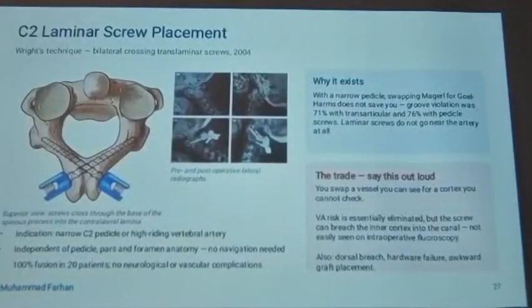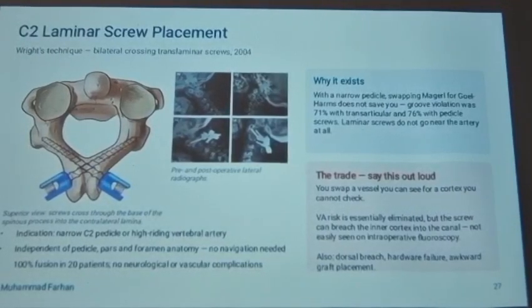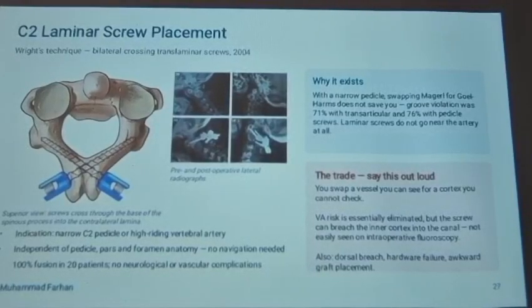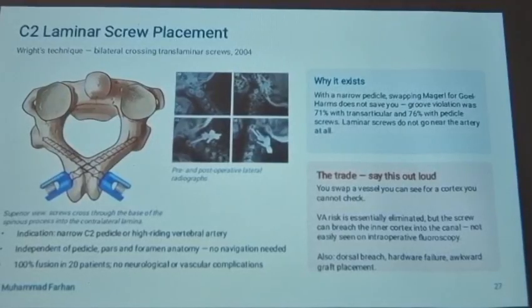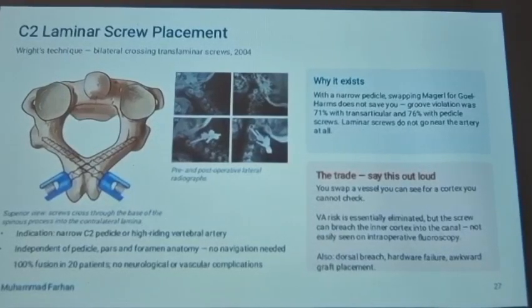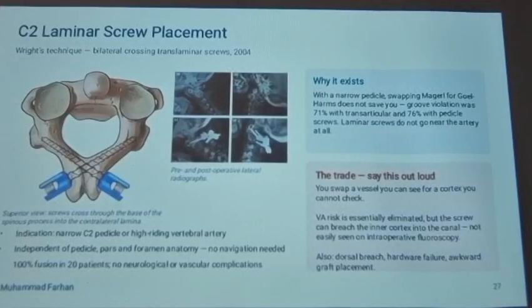Then there is C2 laminar screw placement. In some cases, when the pedicles are very thin, the laminar screws can be placed in the lamina of the C2. We can also prevent the vertebral artery injury and the bleeding from the venous plexuses by placing these screws.